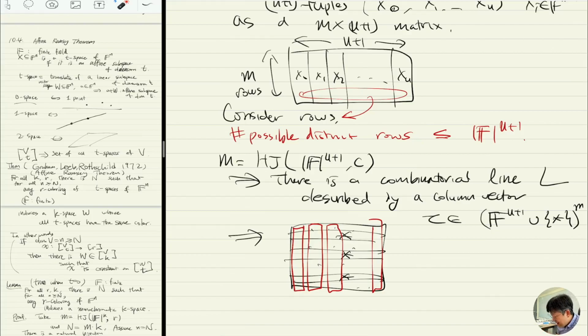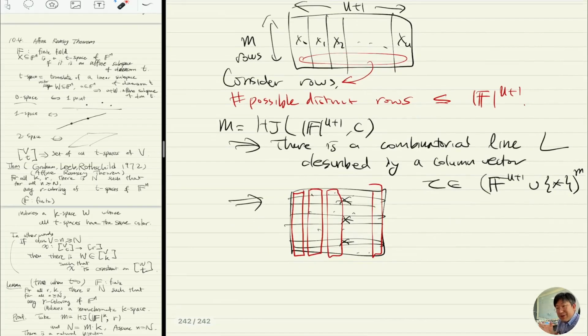I mean, what is the coloring? So I have a coloring for all ordered U plus 1 tuples. So we have a coloring of this matrix. For each matrix you have one of the C colors. And then we have a set of matrices, which is described by this combinatorial line. And this set of matrices all have the same color.